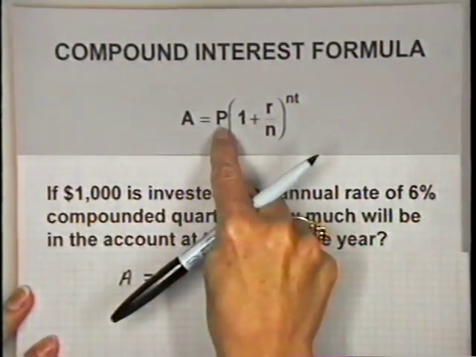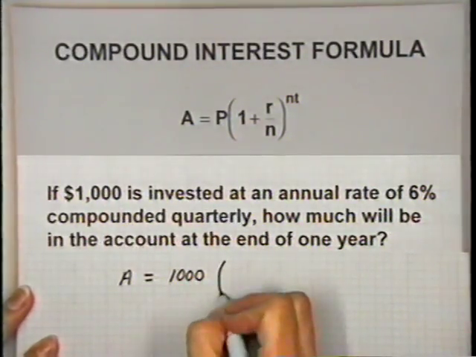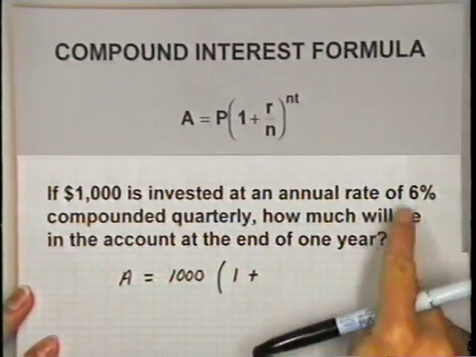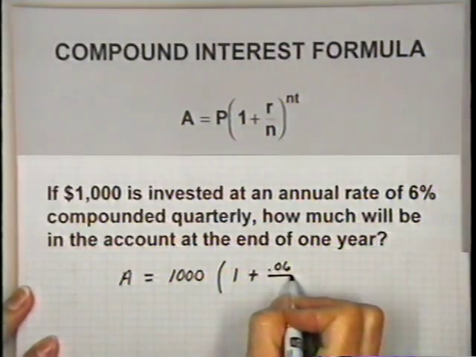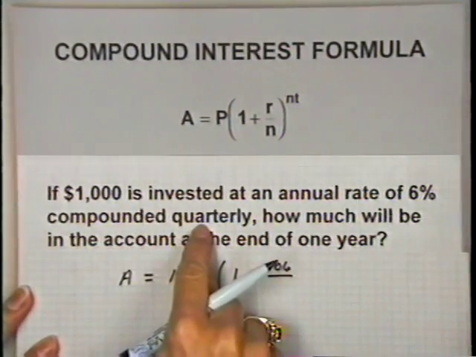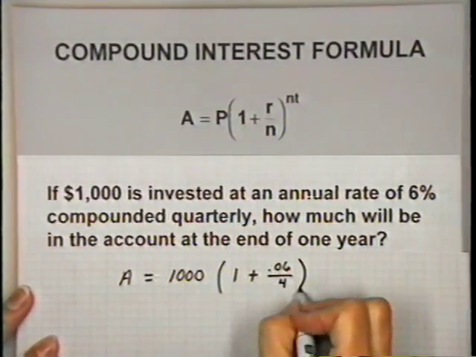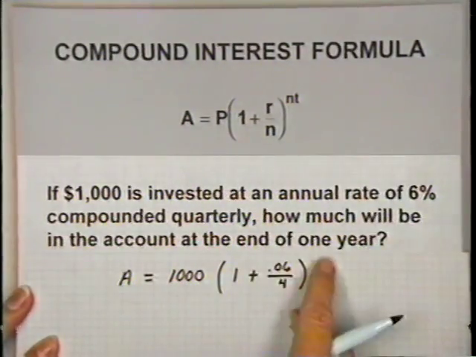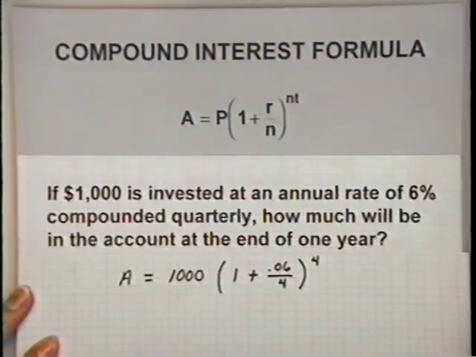My P, my principal, was $1,000 times 1 plus my annual interest rate was 6%. I'm going to write that as a decimal, 0.06. I'm compounding quarterly. That means 4 times a year, so this N right here is a 4. And then up here I have N, which we said is 4 times T. Well, I said 1 year, so 4 times 1 gives me an exponent of 4.